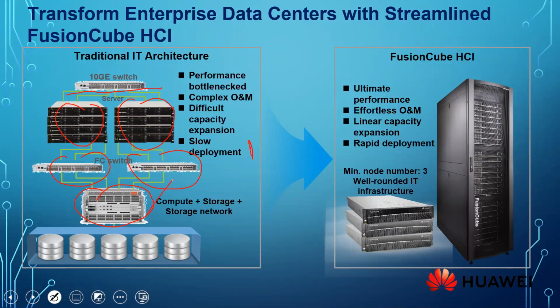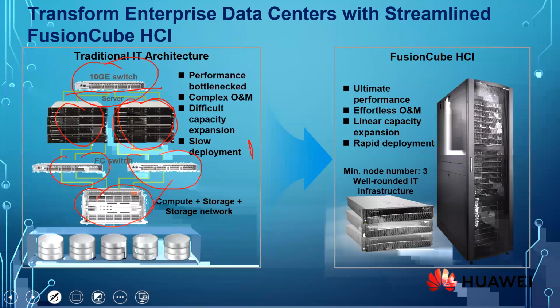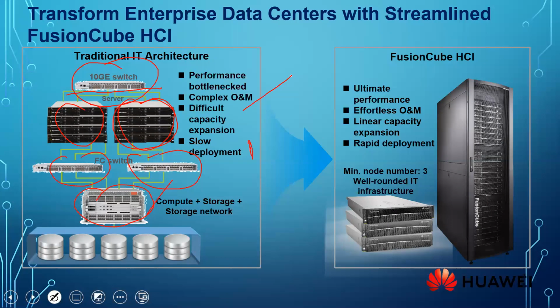Maybe you need a different engineer to configure the storage, a different engineer for the network, and a different engineer for the servers. All these teams will be working together, and there are a lot of communication issues, so the deployment will be very slow. And obviously, if different things are running in one environment, O&M is very difficult to manage, and maybe you have performance bottlenecks as well, because everything is not fully integrated with each other.